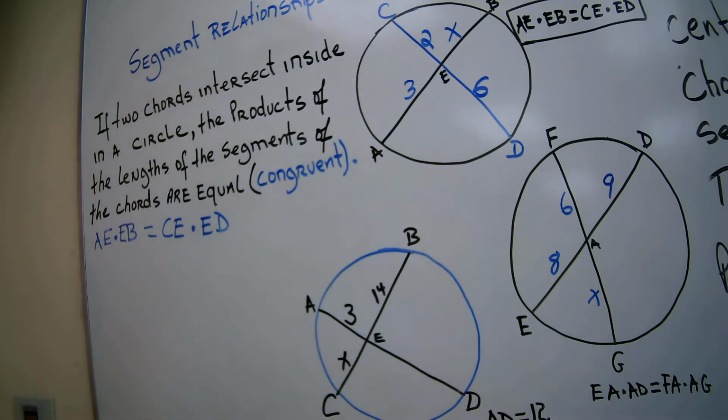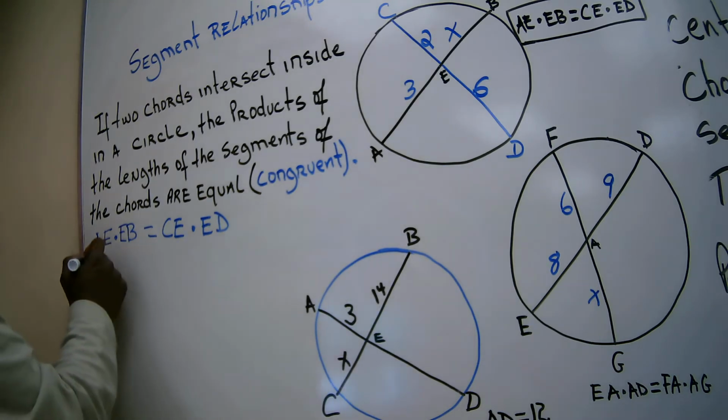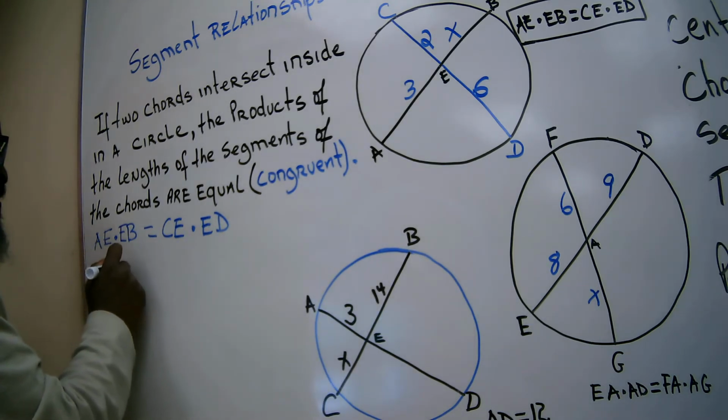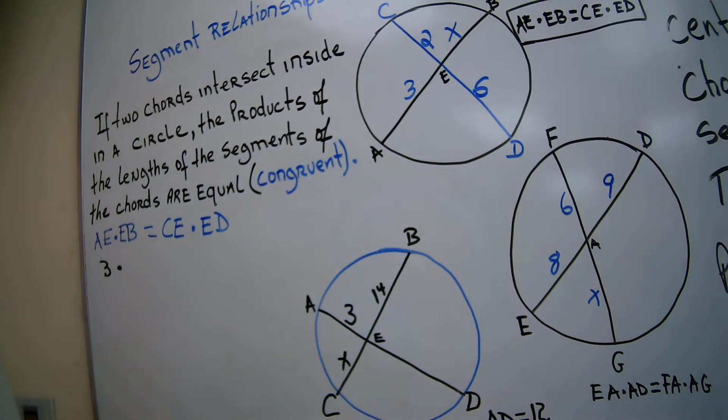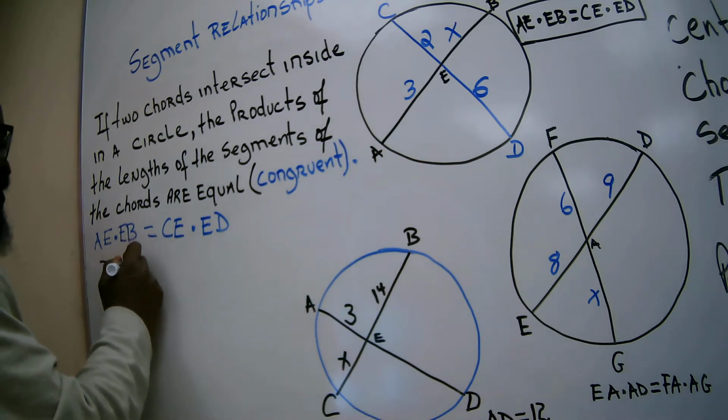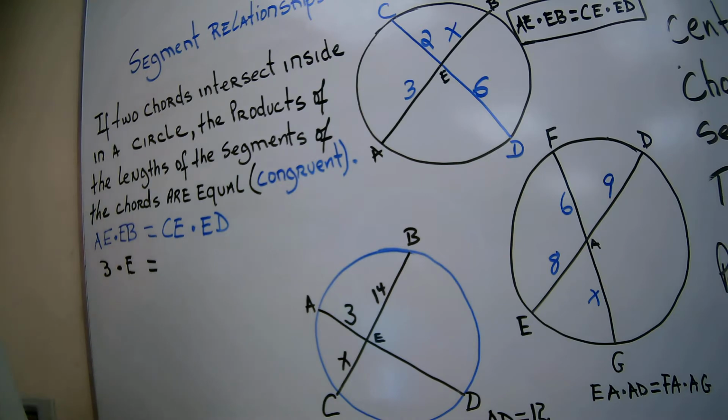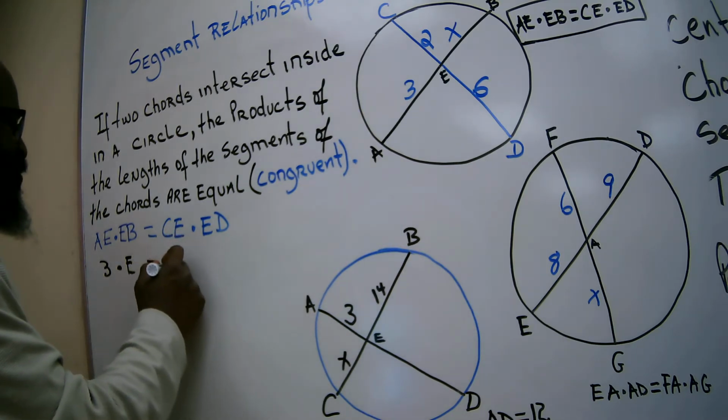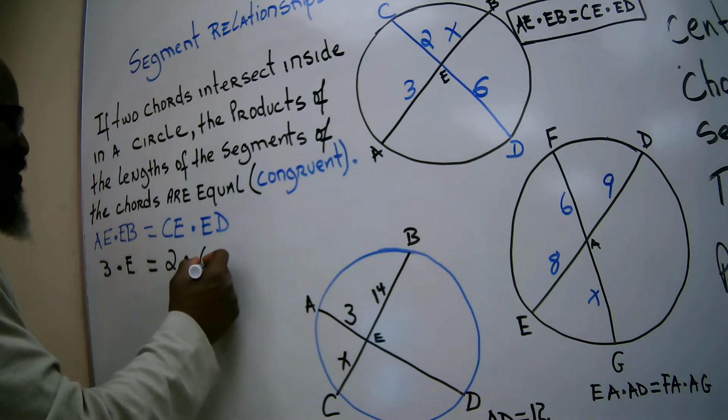In this case, they tell you AE is 3. So you will have 3 times EB. EB is x. That will be equal to CE, which in this case is 2, times ED, which is 6.